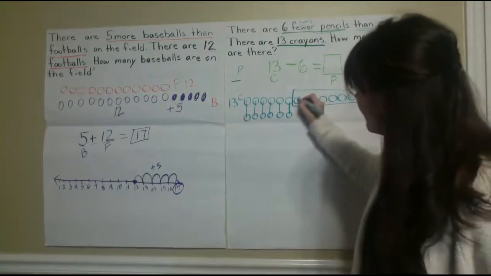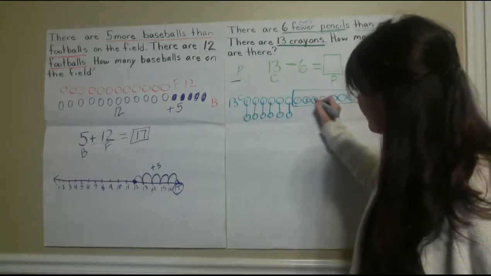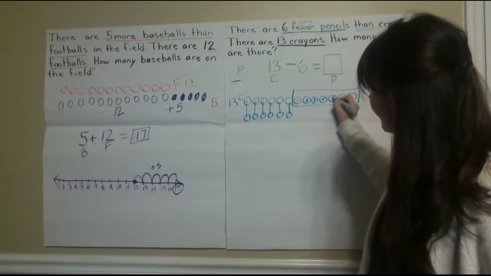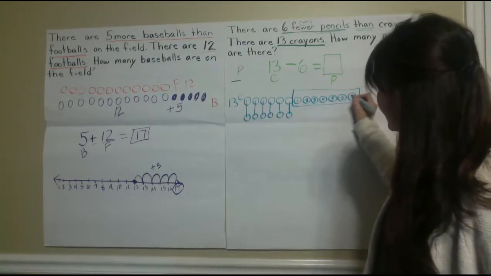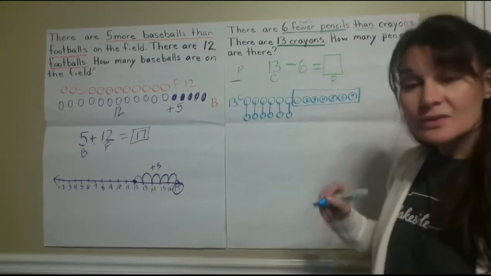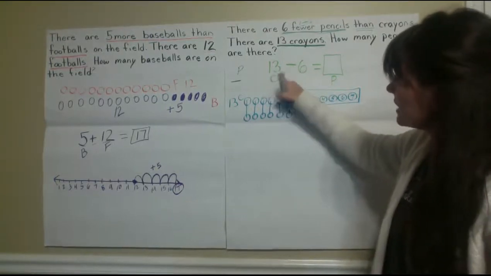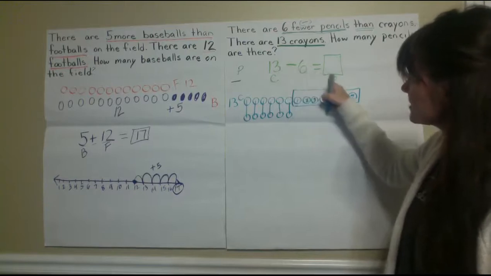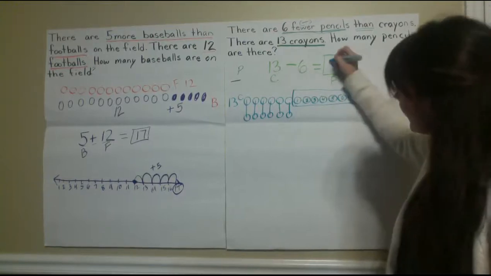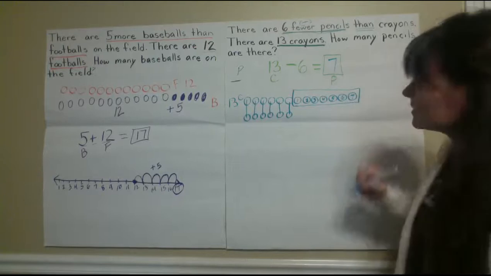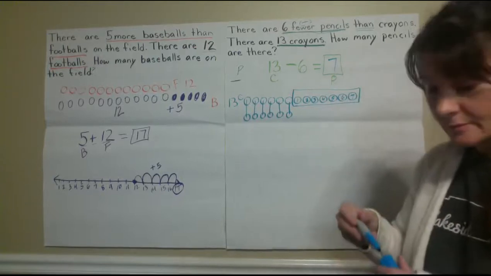So I had 1, 2, 3, 4, 5, 6, 7. So that must mean if there are 13 crayons and 6 fewer tells me how many pencils I have, then I must have 7 pencils.